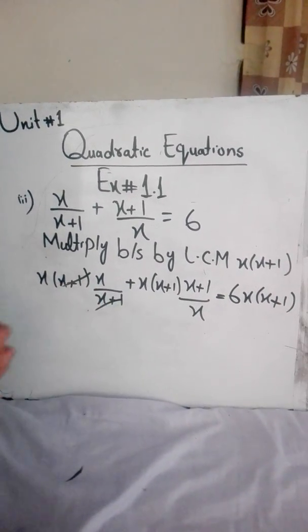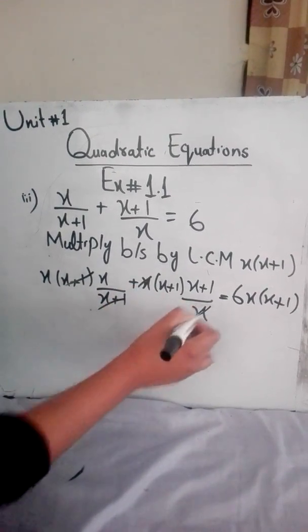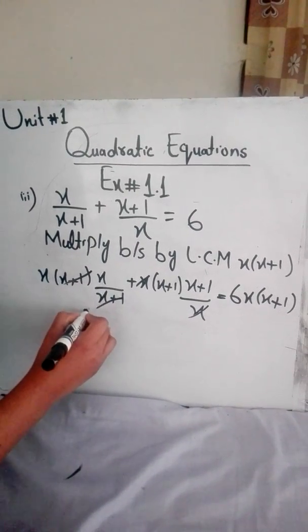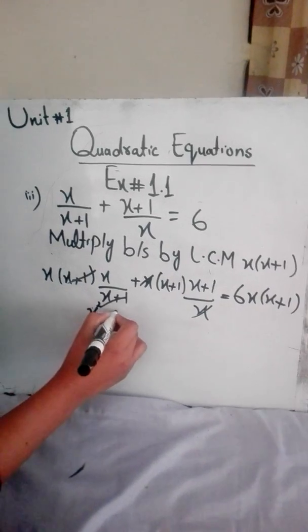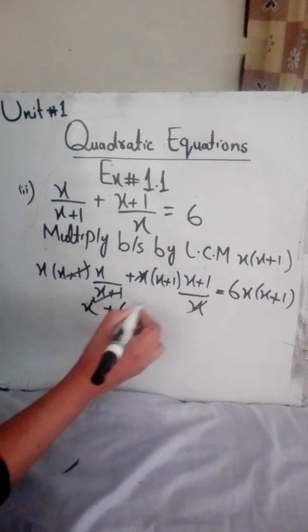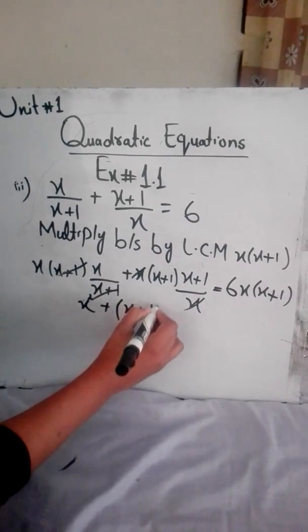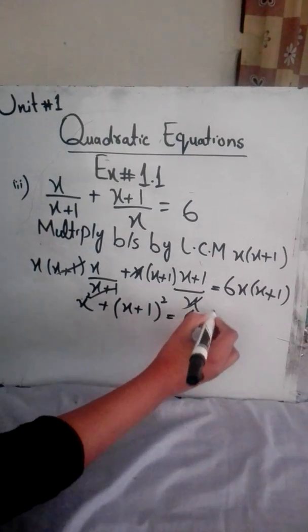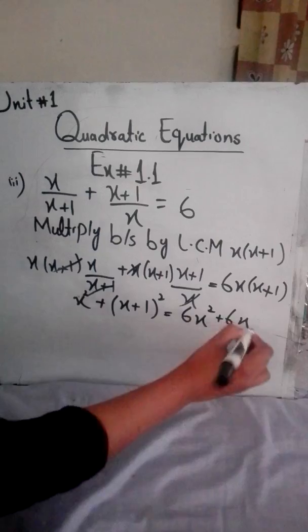Now x plus 1 will be cancelled out, x will be cancelled out, and the remaining equation is x multiply x is equal to x squared plus x plus 1 multiply x plus 1. This will become x plus 1 whole square, and 6x squared plus 6x.